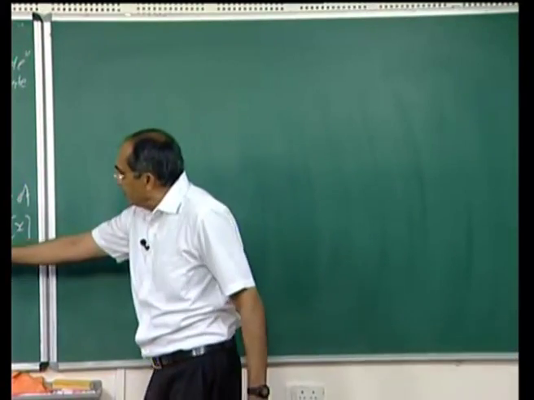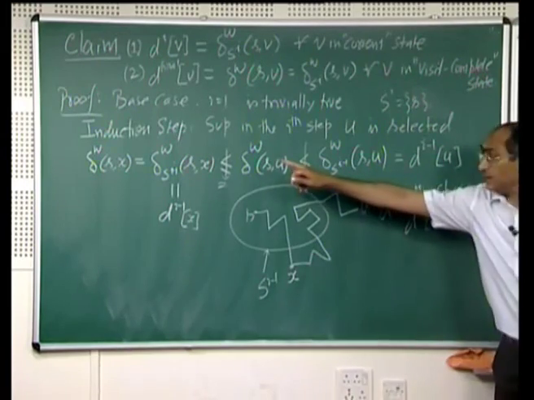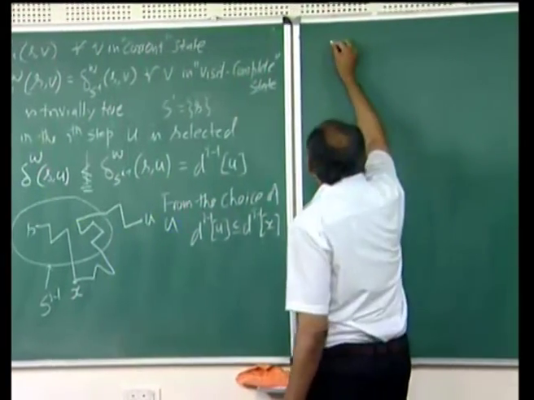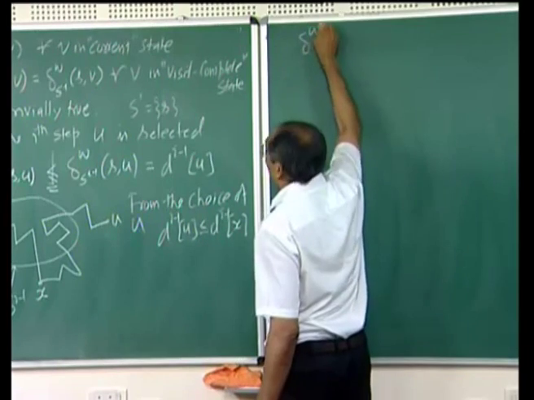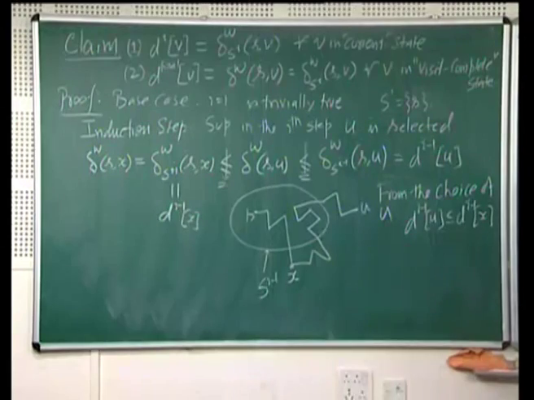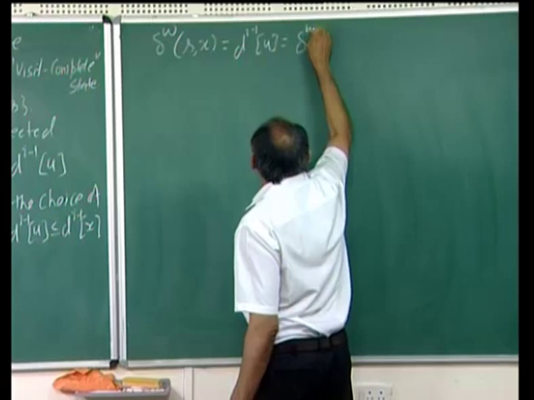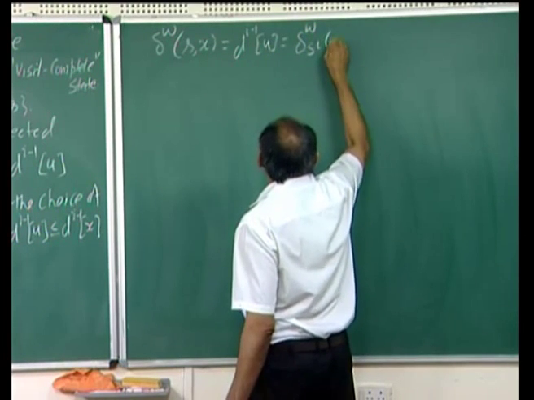Now that we have the equality of all these entities, what we notice is that delta_w(S, x) is d_{i-1}(u), and this is also delta_w(S, u).